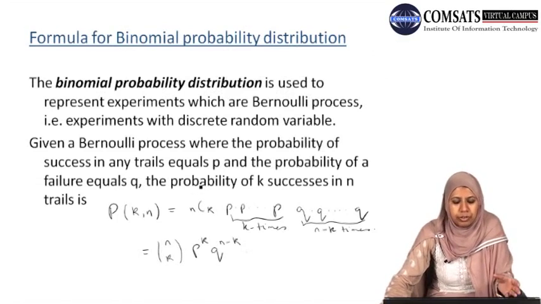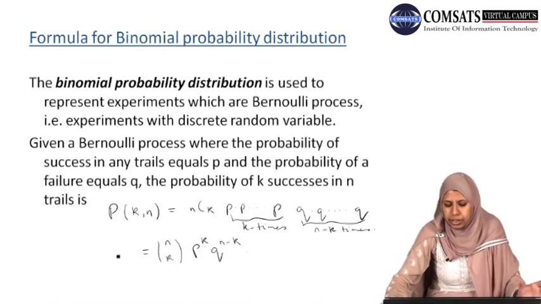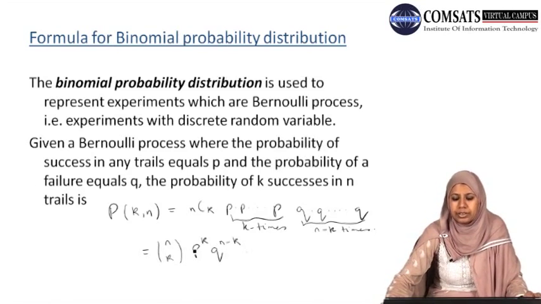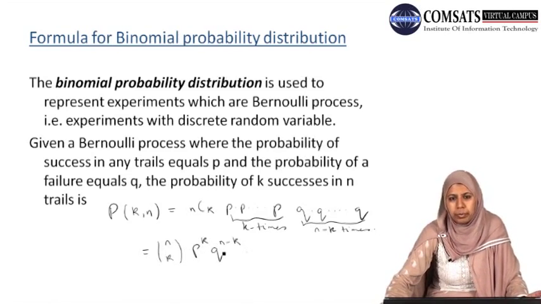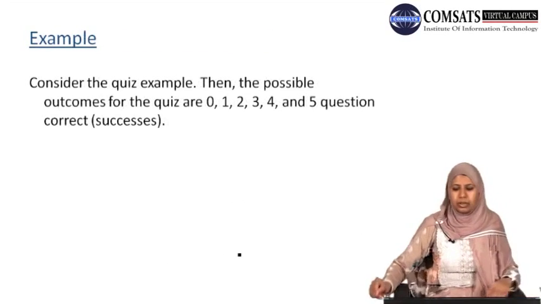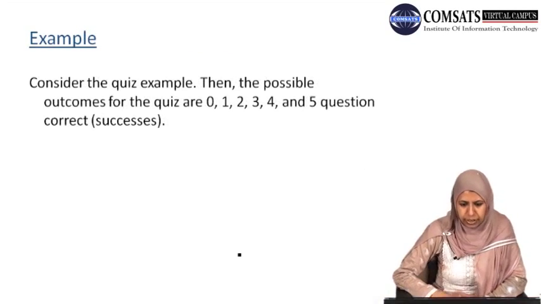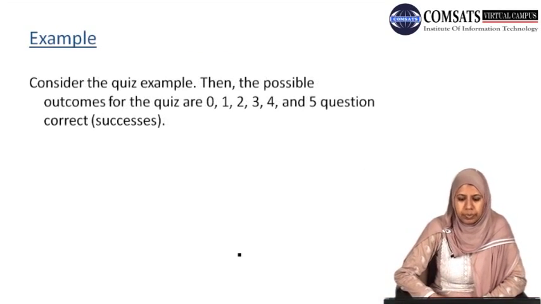That is the number of ways, or the combination, into the product of the probabilities of success, if the success is K, P to the power K, into the product of the probabilities of failure up to N minus K times. And now we consider an example. We consider our same quiz example.